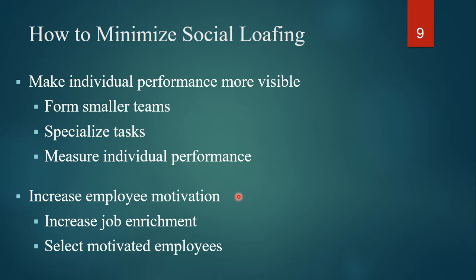We could also increase employee motivation. If we increase the motivation of team members, that's another factor which would minimize social loafing. Increase job enrichment, make tasks rich, with a variety of tasks, so the job would depend on a variety of skills.